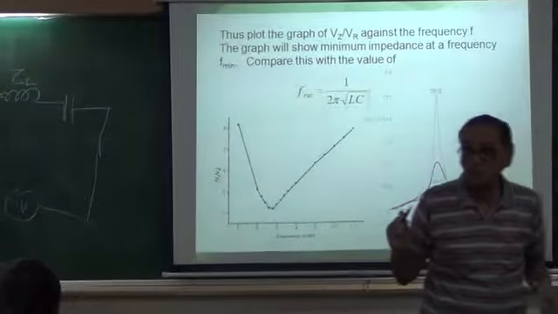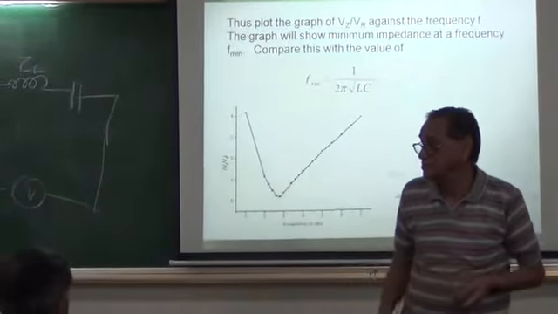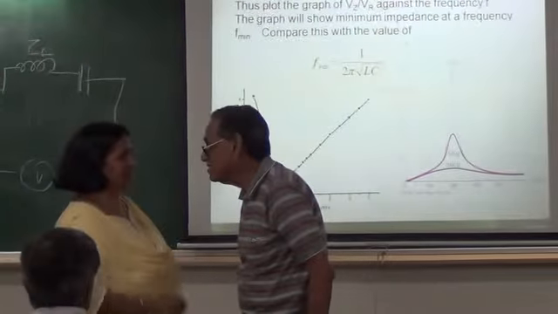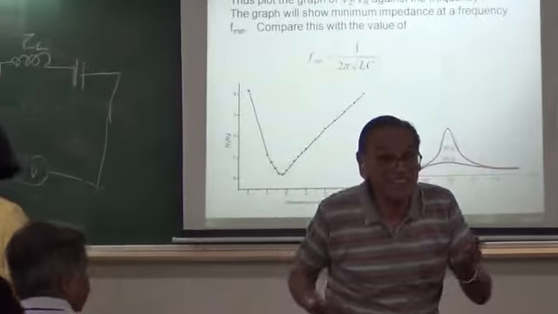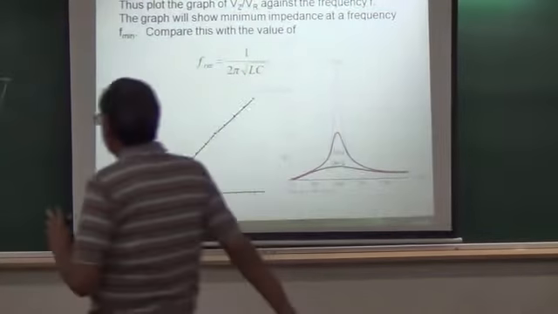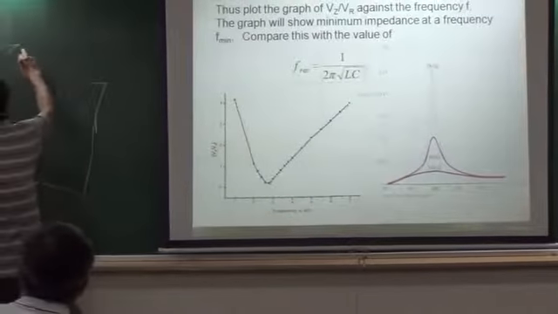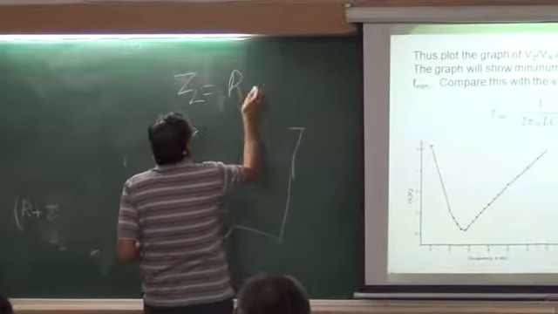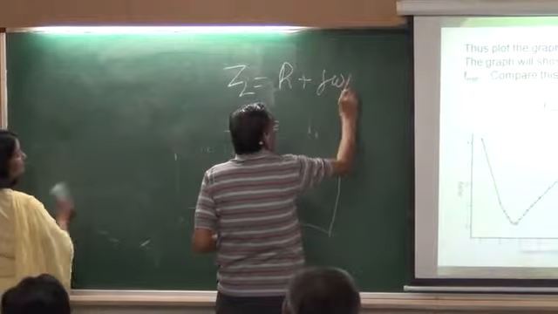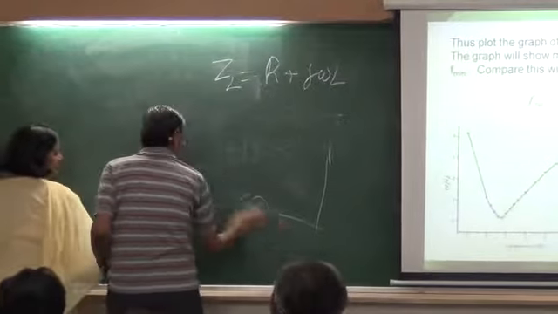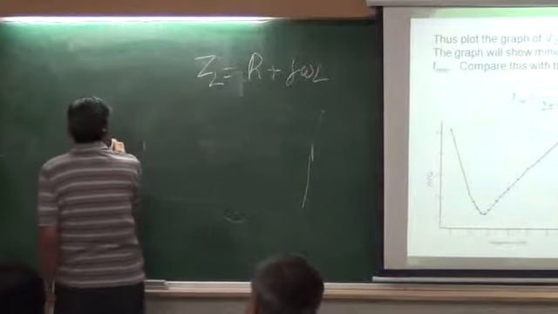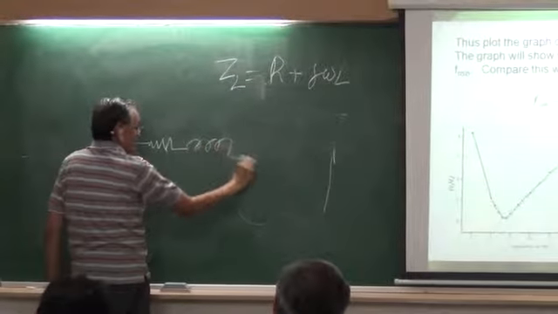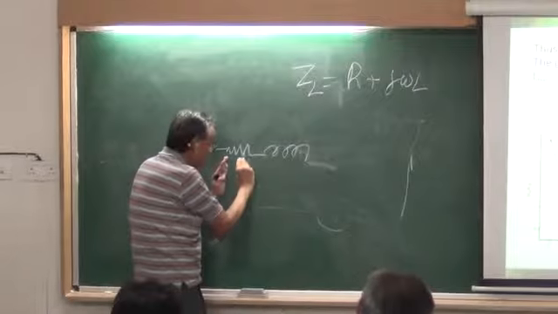Why is this happening physically? Physically, what is happening is, see, in series resonance, ZL is R plus j omega L. You apply a voltage V. This is R, the resistance of the coil, I am taking only the coil.